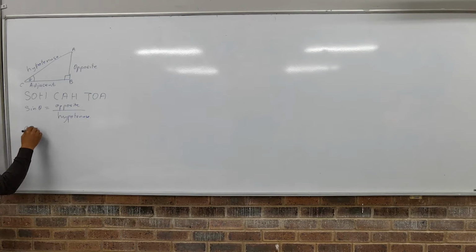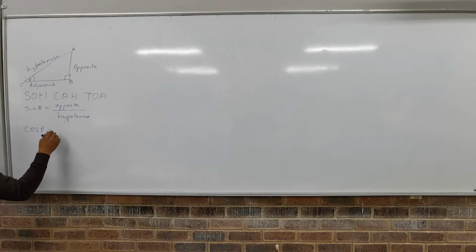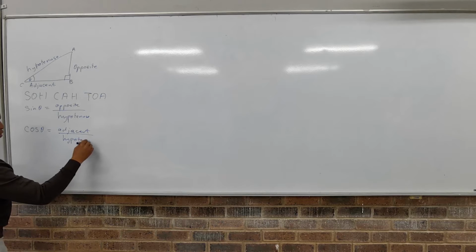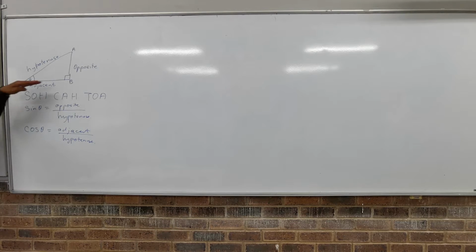And then for cosine, the definition is the adjacent side divided by the hypotenuse side, which is CB over the hypotenuse side.